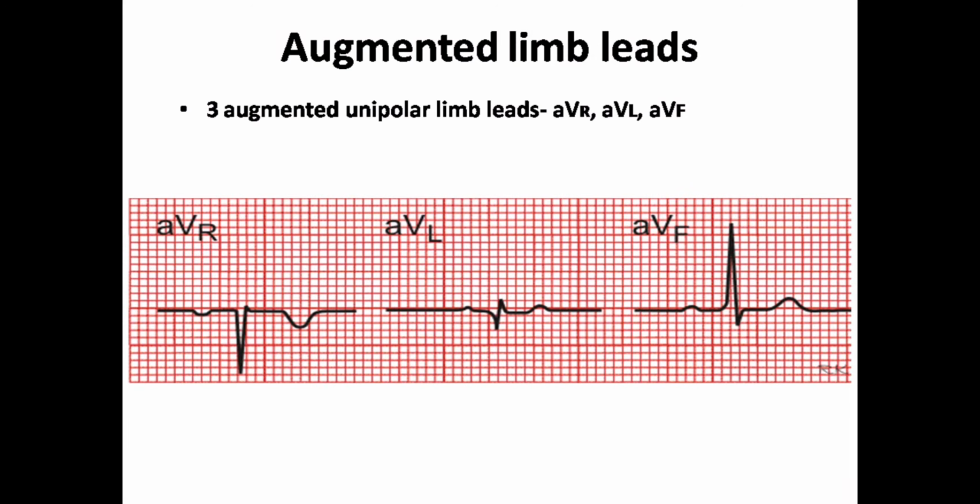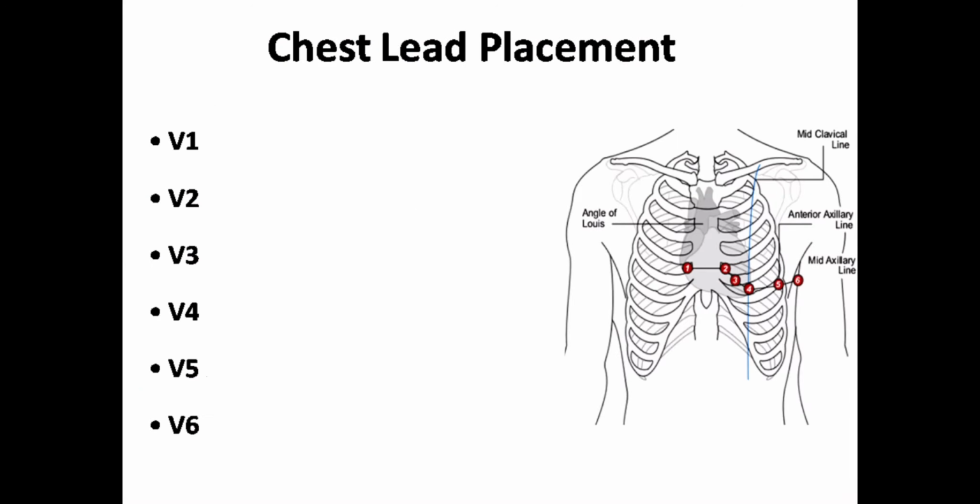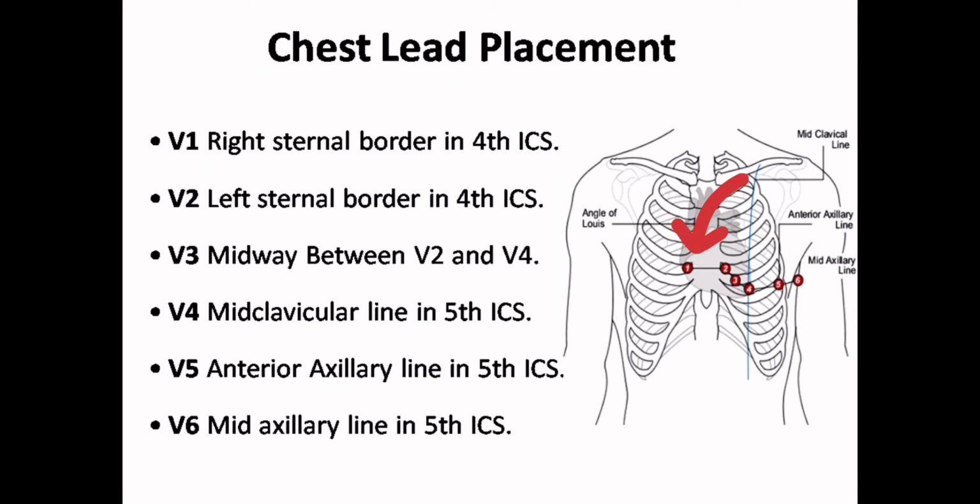Then we have the chest leads. We have 6 chest leads, and the placement is as follows. V1 is placed at the right sternal border in the 4th intercostal space. V2 is placed at the left sternal border in the 4th intercostal space.